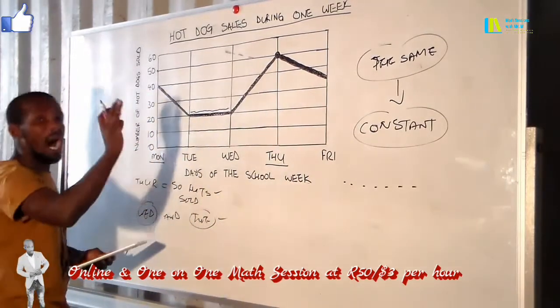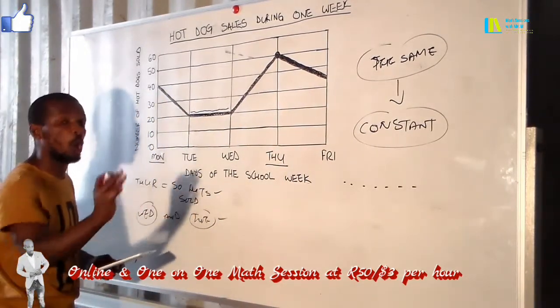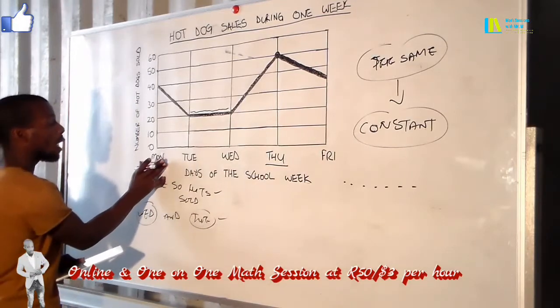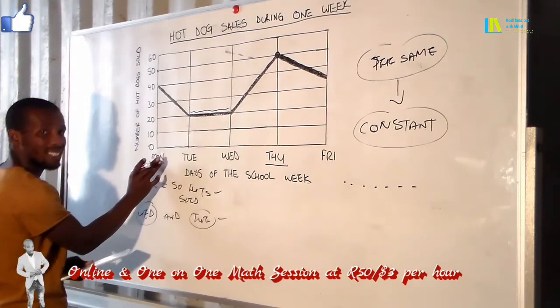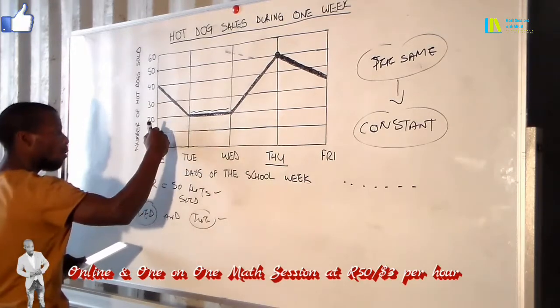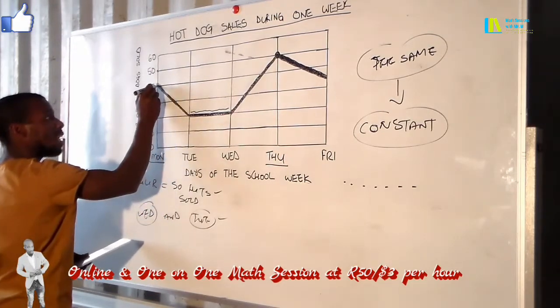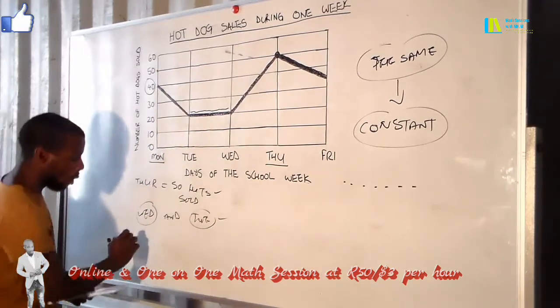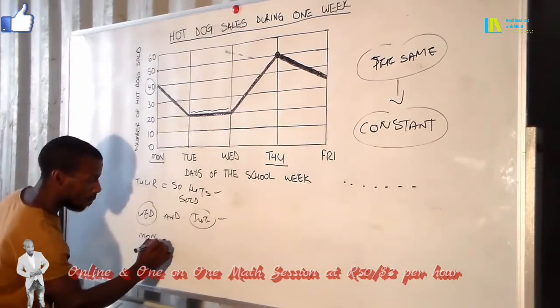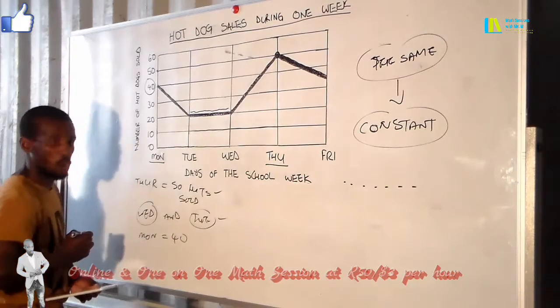So they ask us how many hot dogs were sold on those 2 days. So we look at the vertical line on Monday first and see where our line starts. On Monday, our line starts at 40. So Monday is equal to 40 hot dogs.